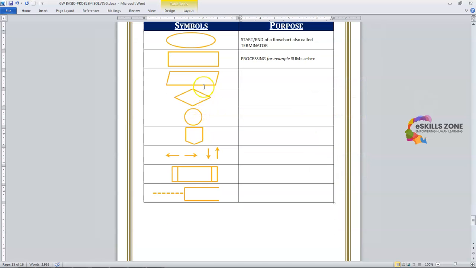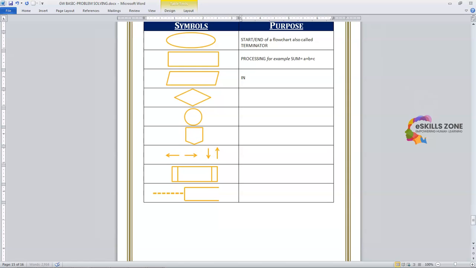Likewise, there's another symbol, a parallelogram, used to take input and display output. Just like the oval symbol, this parallelogram symbol serves two different purposes.